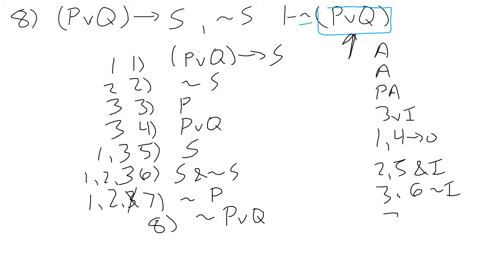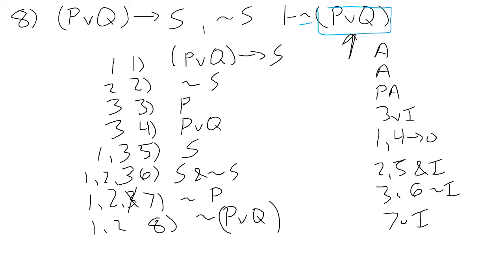And you might think, well, I'll just wedge in that and that. But that's not what we're looking to prove. We're not looking to prove tilde P or Q. We're looking to prove that the whole statement itself is false.